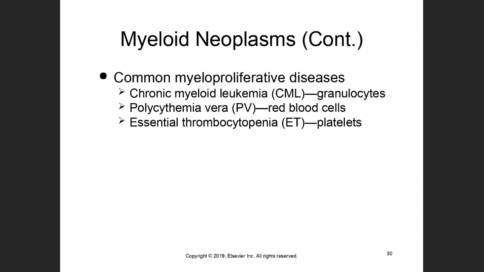Common myeloproliferative disorders: we have CML, that is chronic myelocytic leukemia, polycythemia vera, and essential thrombocytopenia. Polycythemia vera means a lot of red blood cells, and sometimes it also increases the platelets and the white blood cells. Essential thrombocytopenia means that the platelets are low and is the only one that is low. Okay?